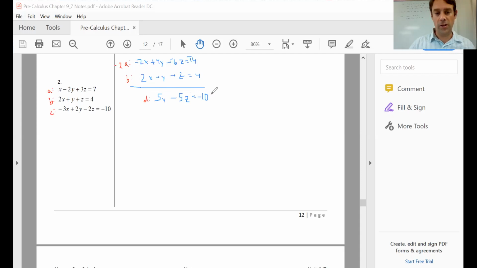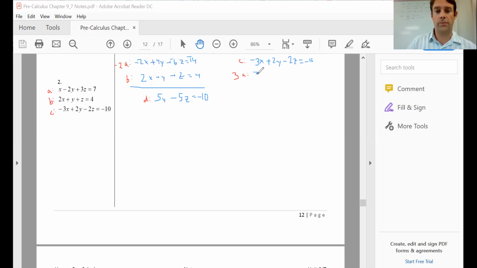Now I got to take C and combine it with something. So what did you guys combine C with? Yeah, I probably would have used A as well. All righty, so let's take that and multiply A by 3.